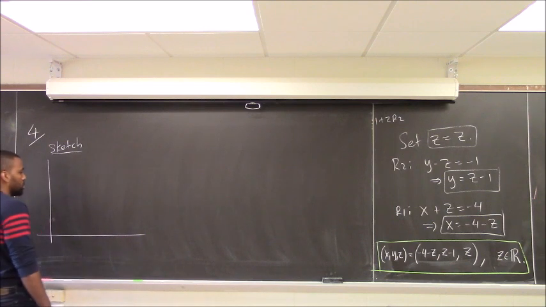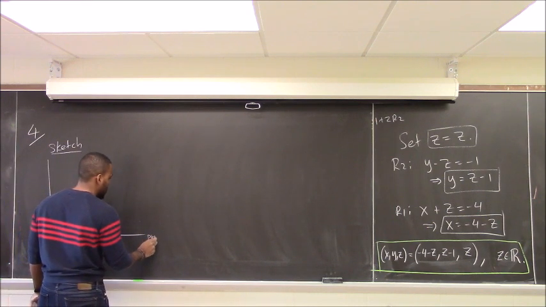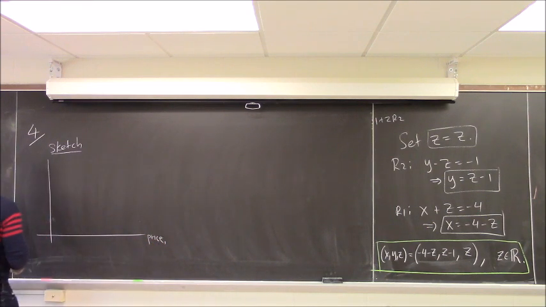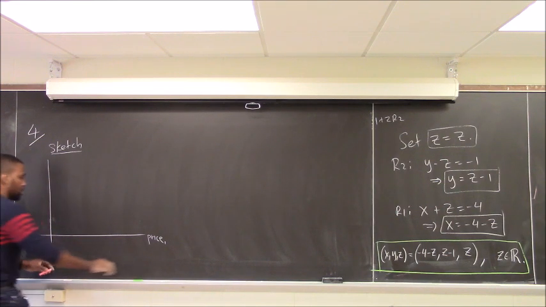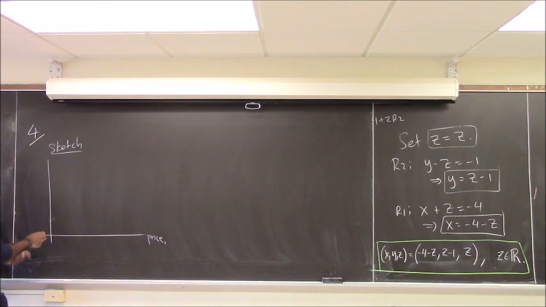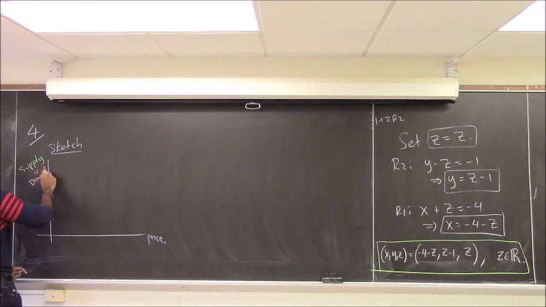So what we are going to do is put price down here, and I'm going to plot them on the same axis so we can notice something. So supply, let's do it in green, and demand, let's do that in pink.